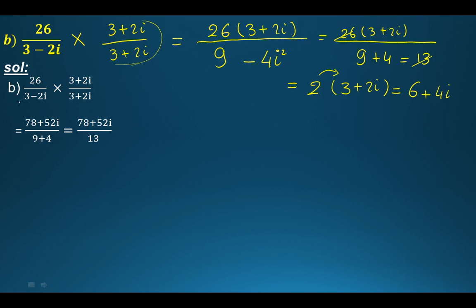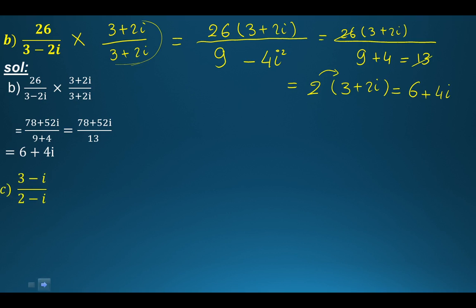So 3 times 3 equals 9, and negative 2 times 2 equals negative 4i squared. i squared equals negative 1, so negative 4 multiplied by negative 1 equals 4. Now you have 78 plus 52i over 13. You are going to divide it. 78 over 13 equals 6, and 52 divided by 13 equals 4i. So the simplest form will be 6 plus 4i.